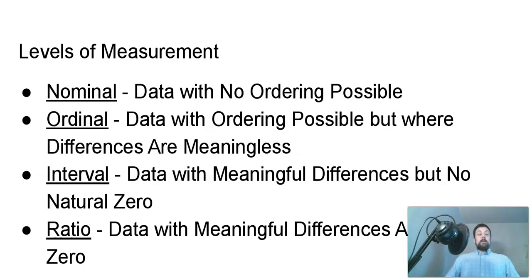Levels of measurement. So there are 4 levels of measurement that you need to know. Nominal, ordinal, interval, and ratio. Nominal data is data with no ordering. These will often just be your qualitative data, but I suppose some qualitative data could be ordinal as well.